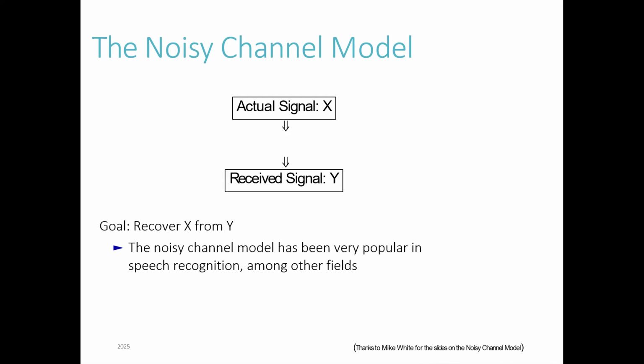There's actual distortion that happened between what our fingers meant to type and what they actually typed. Well, we don't know what that actual signal is. The computer doesn't know. We might be able to guess, but computers can't guess. They don't have world knowledge. So the goal is to recover the actual signal, the intended word, from what we actually see. And we do that by modeling distortion. So we try to figure out what that distortion is or what it's most likely to be.